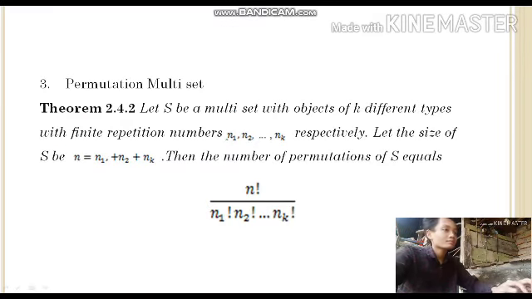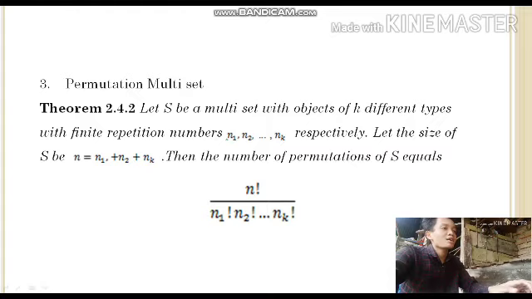Next, permutation of a multiset. Theorem. Let S be a multiset with objects of k different types with finite repetition numbers n1, n2, up to nk respectively.